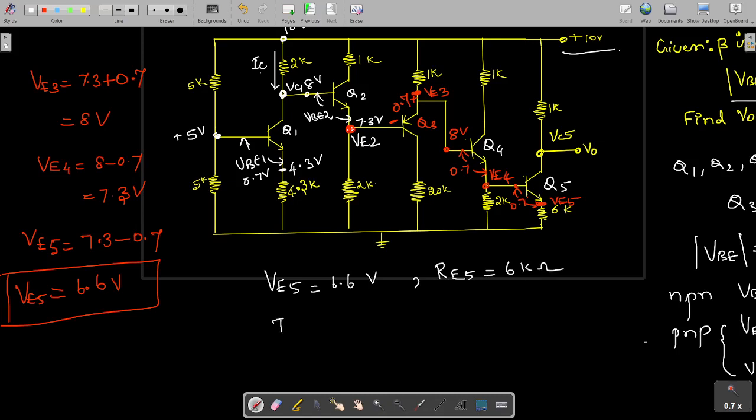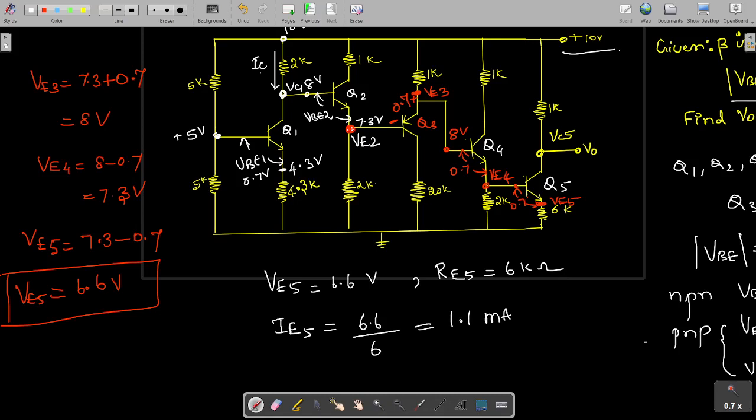So I can find out the current IE5 that is flowing through that one, that is equal to 6.6 divided by 6. I don't put this kilo ohm because any of this emitter current will be coming in milliamps, we'll be obtaining it in milliamps, so they will cancel. So what this value is, 1.1 milliamps.